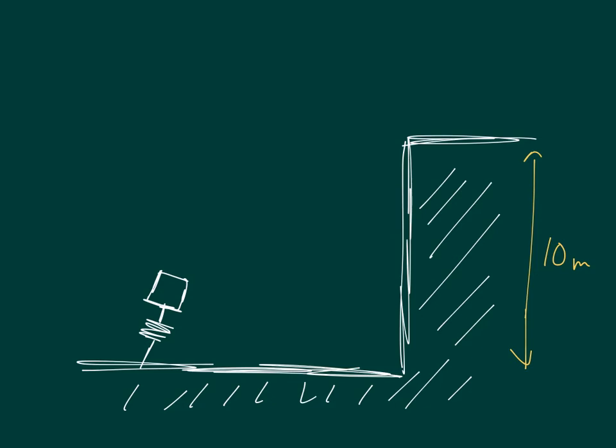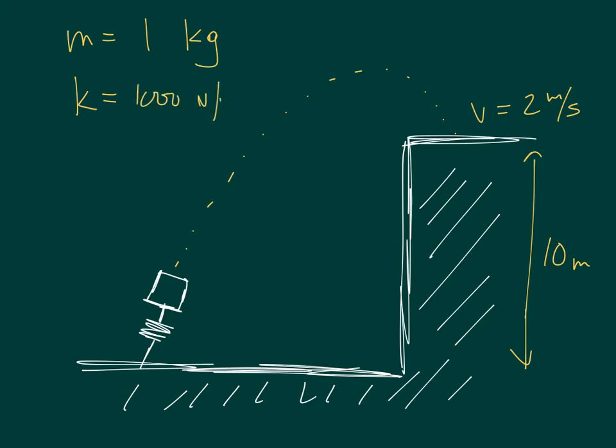We're told that when the object lands on the cliff, it has a velocity of 2 meters per second. We're also told that the mass of the object is 1 kilogram, and that the spring constant of the spring, it's a very strong spring, is 1,000 newtons per meter.